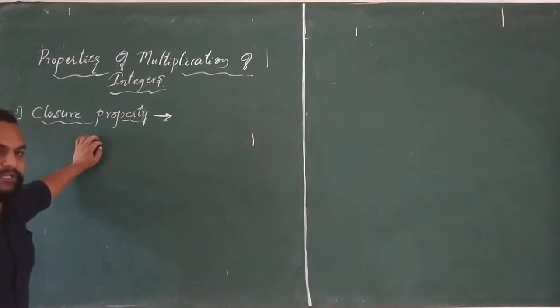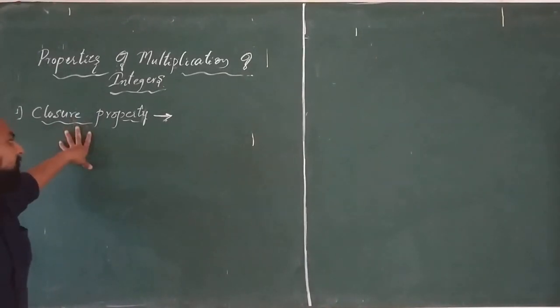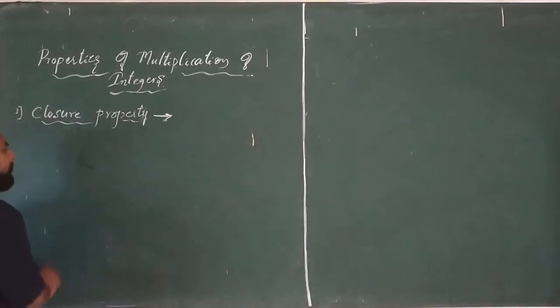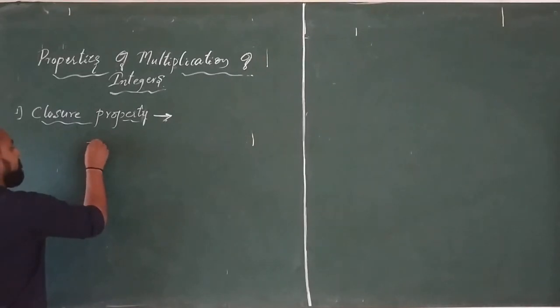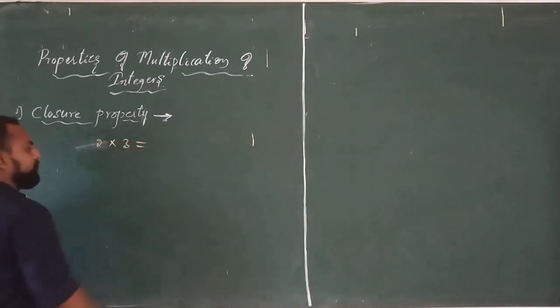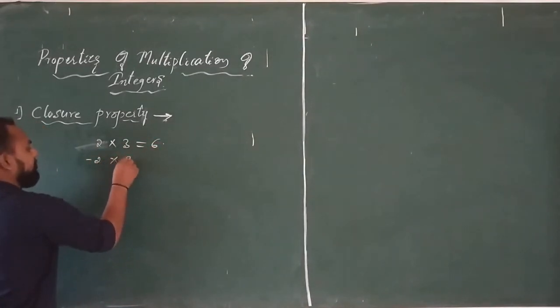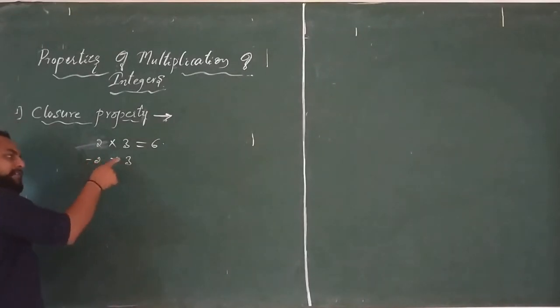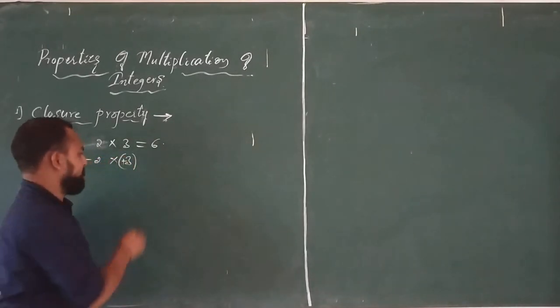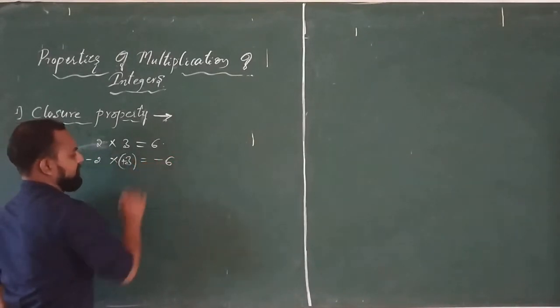In addition and subtraction, a plus b equal to c, a minus b equal to c. Here in the closure property, we take the product of two integers. 2 into 3 is 6. Then minus 2 into 3, minus into plus is minus, so minus 6.